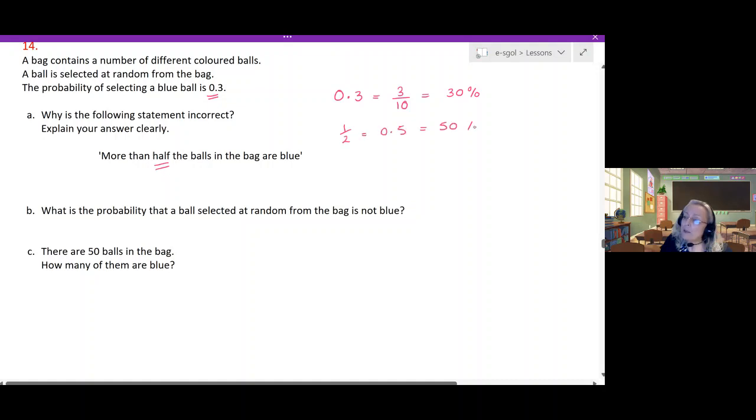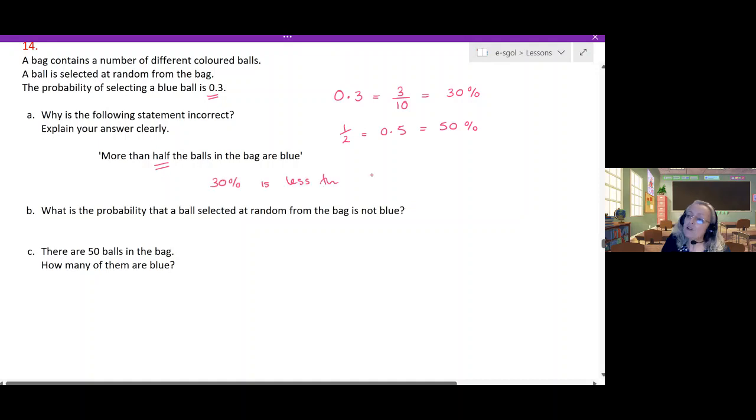So you just need to make sure that you've got them all as either decimals or as percentages, or you'd have to use equivalent fractions. So fractions with the same number on the bottom. So here I'm going to choose percentages because I think they're a little bit easier. And I would say 30% is less than 50%.